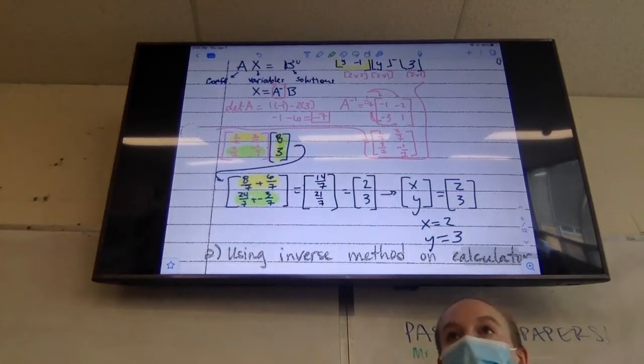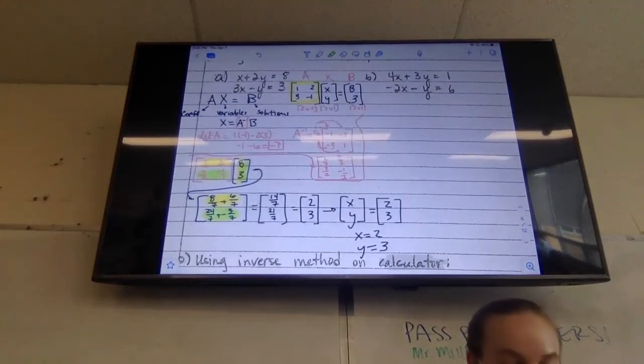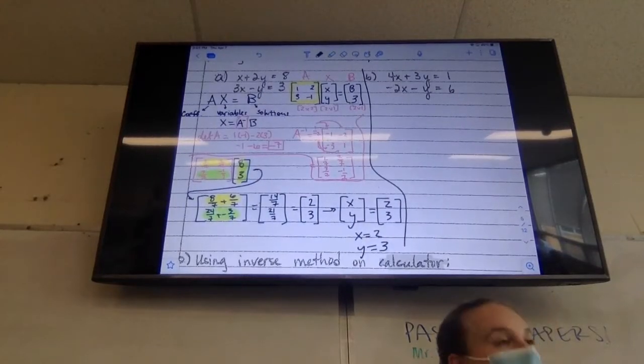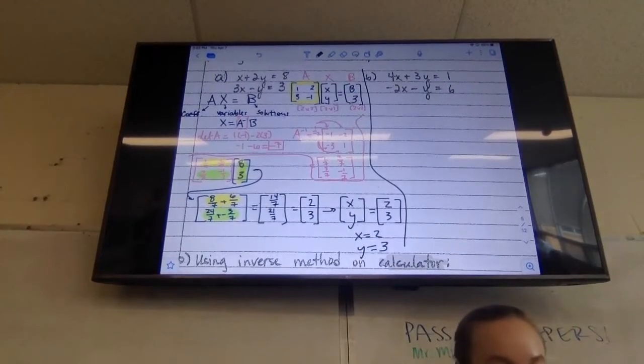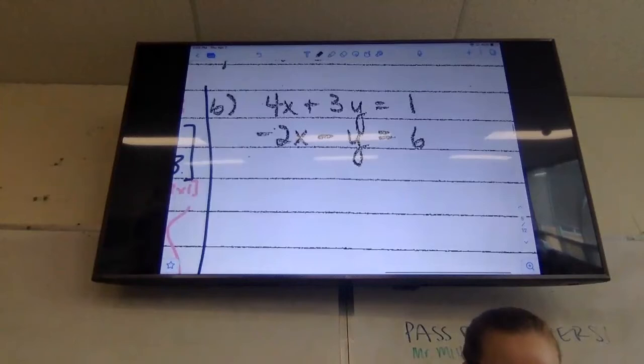Okay, I want to do one more by hand, and then we're going to do one in the calculator, okay? So we did skills that we already learned. We did the inverse of A. We multiplied that by B. The one thing I do want you to write every time is what is my matrix coming from the equations? What are those matrices going to be? So you can write it one of two ways.